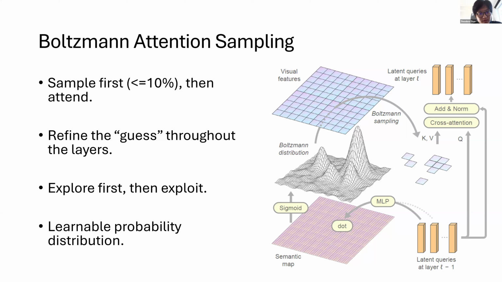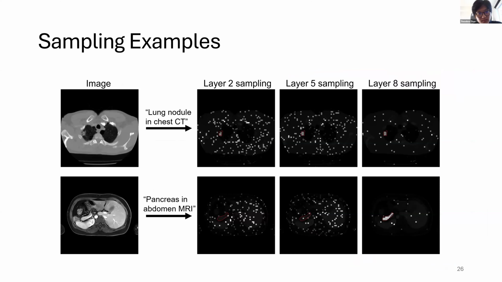This distribution is also a learnable probability distribution that we can train. So in some sense, it's like a two parallel attention mechanism. One is a stochastic one by random sampling. The other one is the normal one, simply computing the attention scores.